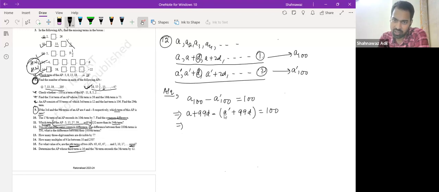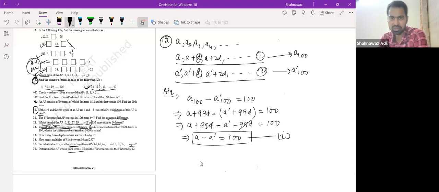And if we remove this bracket, this would be 99D minus A prime minus 99D. So 99D minus 99D cancels, and we have A minus A prime, which is 100. Right, so this information now we know. Let's say this is the first equation.